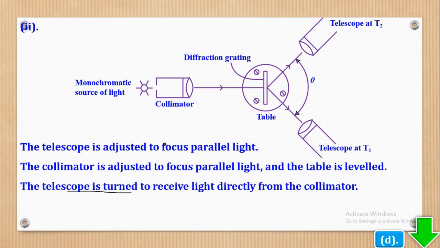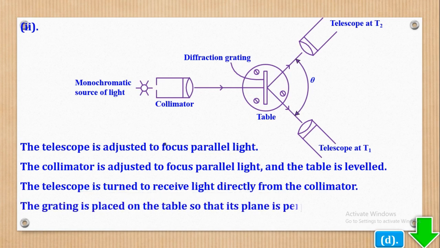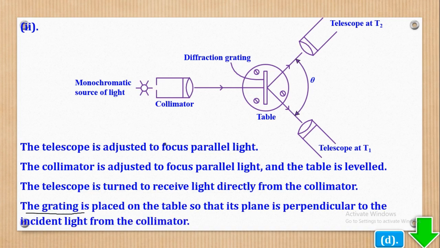The telescope is turned to receive light directly from the collimator. The grating is placed on the table so that its plane is perpendicular to the incident light from the collimator. So that's how marks for this slide would be awarded.